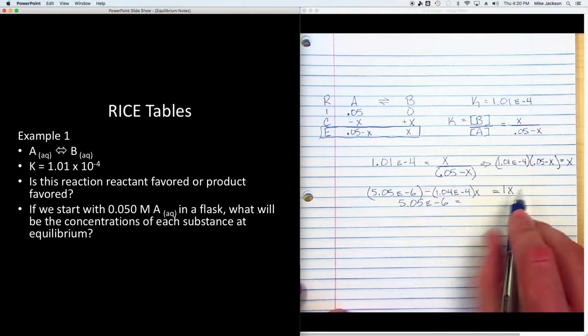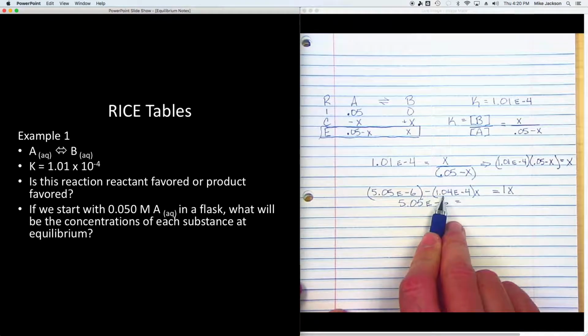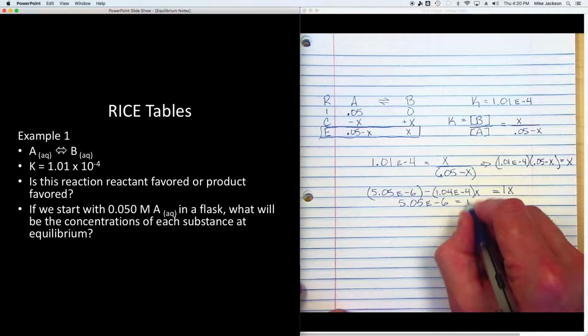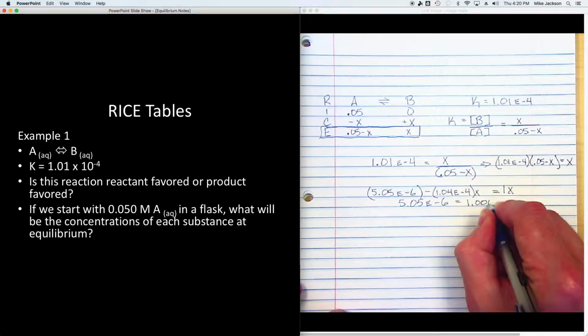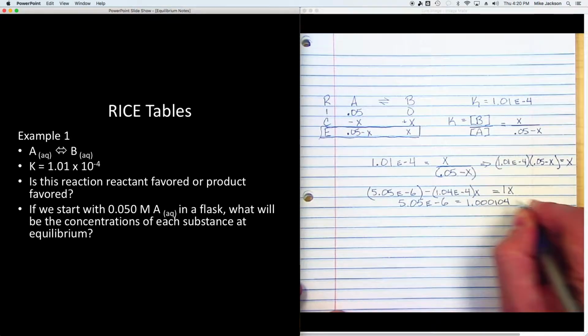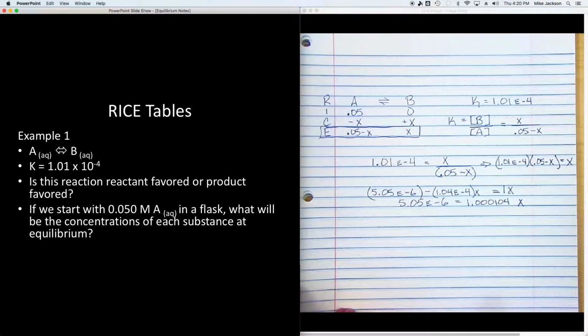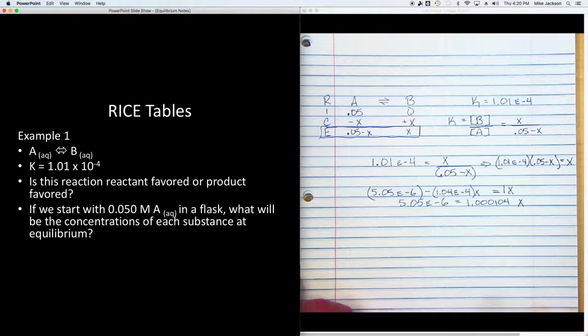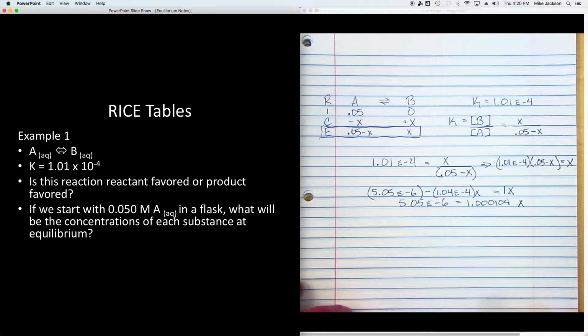So if I take 0.000101 plus 1, I end up with 1.000101x. So I took this, translated it to standard notation, added it to this side, and I now have x. And this is all just me combining like terms and doing Algebra 1 work.